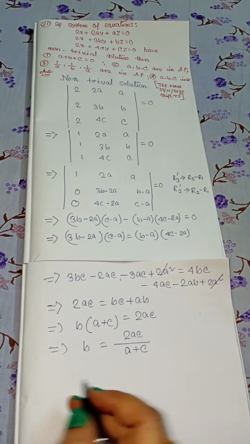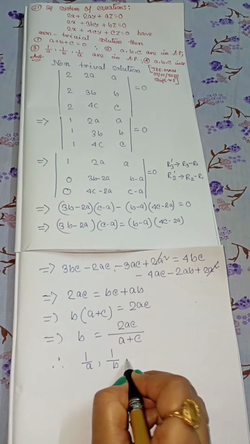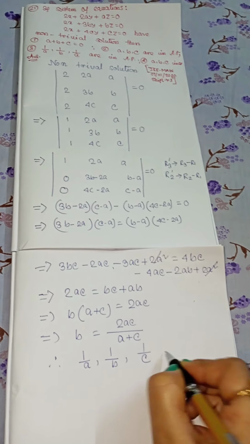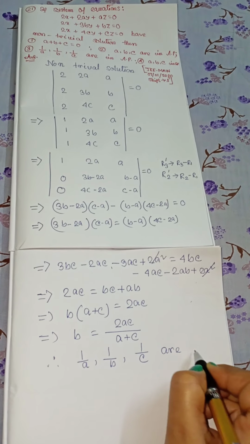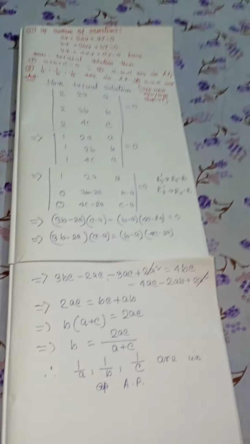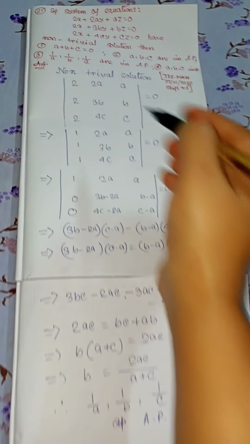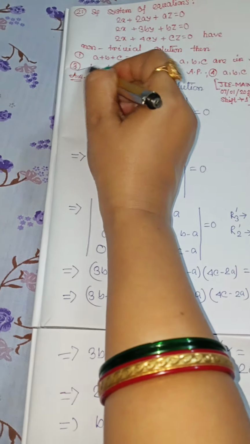So we easily say that 1 by a, 1 by b, 1 by c are in AP. So we reached our answer, and our option is option 3.